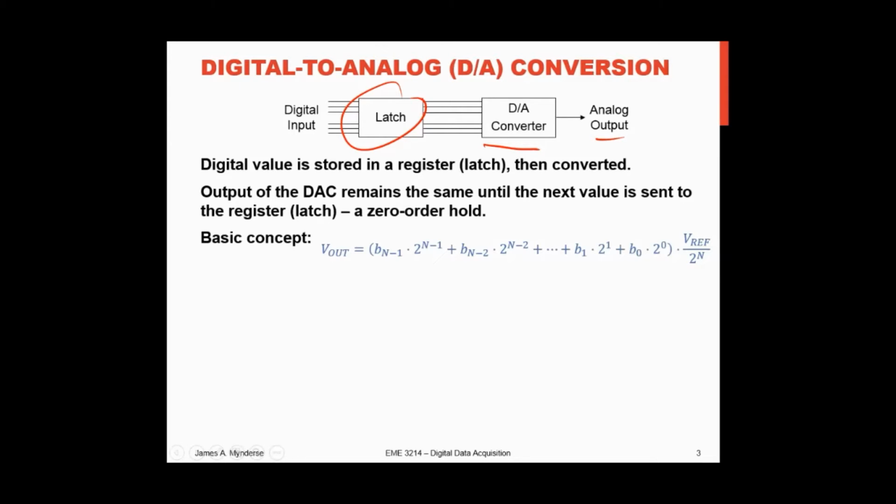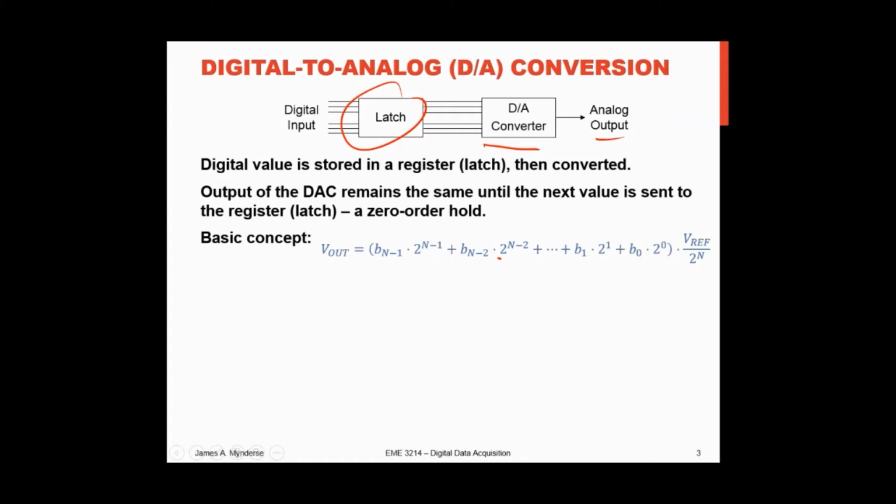And the basic concept is we need an output voltage equal to the least significant bit 0 times 2 to the 0, which is 1, plus bit 1 times 2 to the first, bit n minus 2 times 2 to the n minus 2, etc., all the way up to n minus 1.